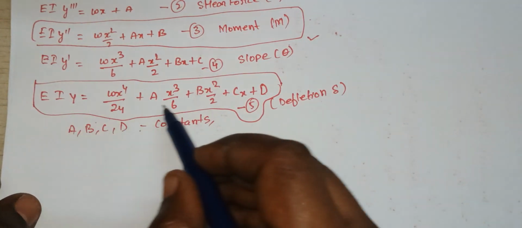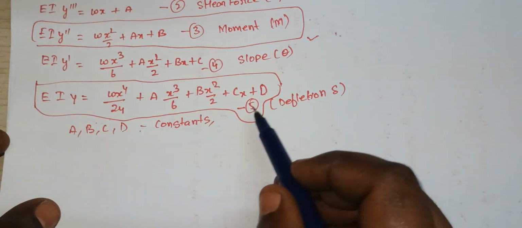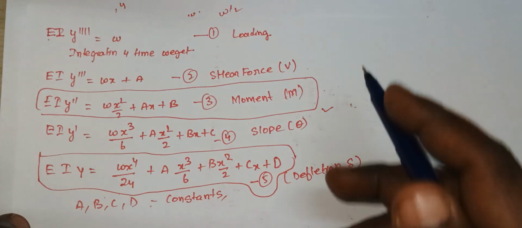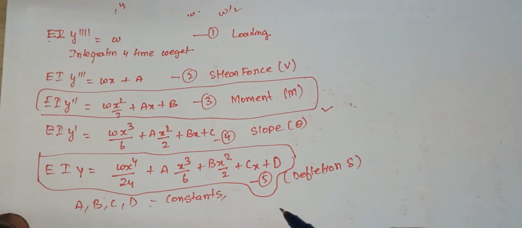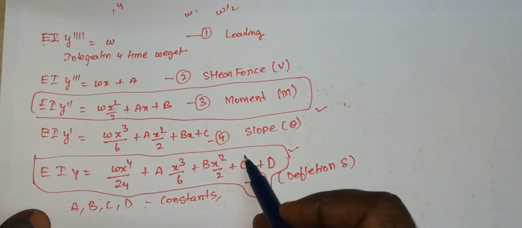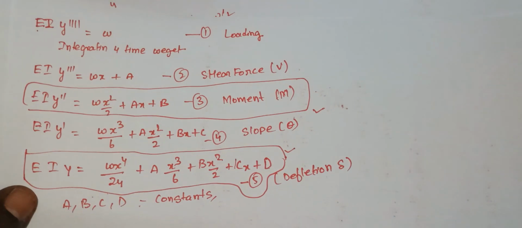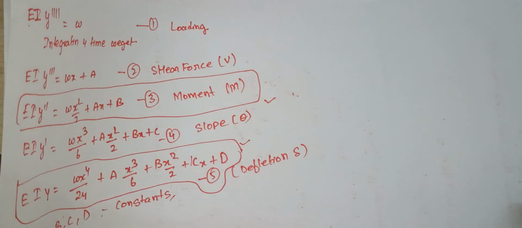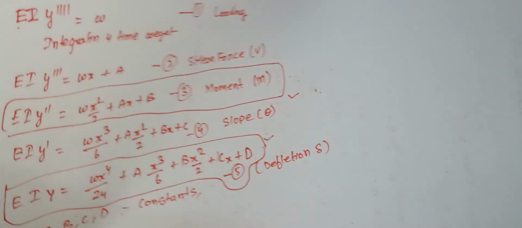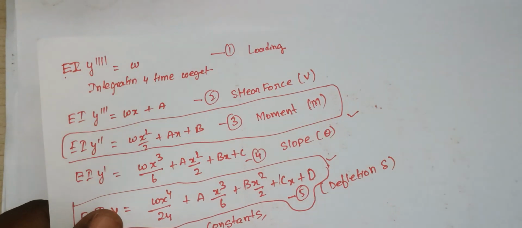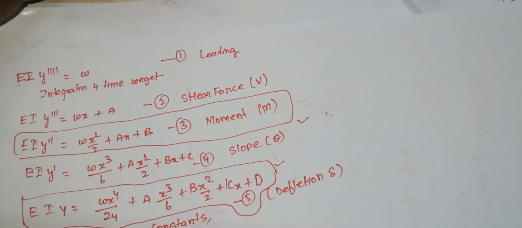deflection equation. This is the deflection equation which we have derived by using 4 times integration. We derived this equation previously. Now I will use this equation and find the C and D values. So let's go ahead and find the C and D values. I will write down this equation as it is for you.